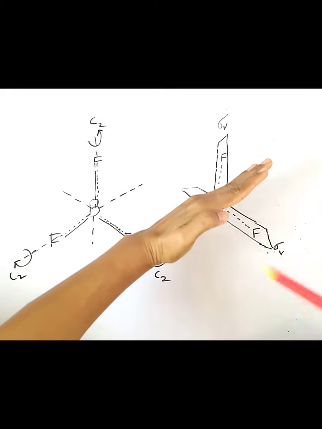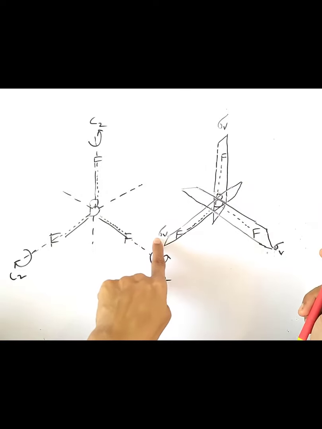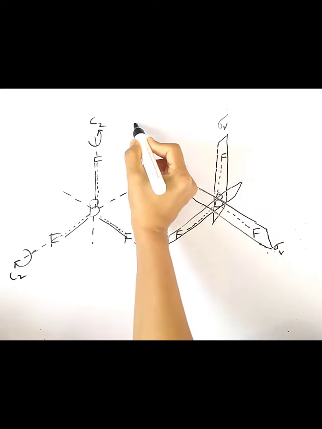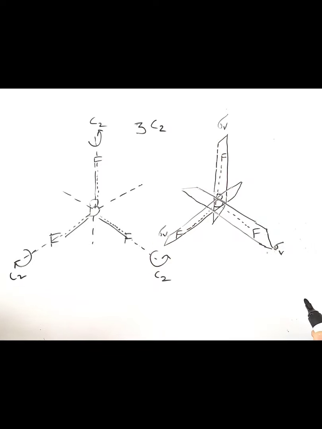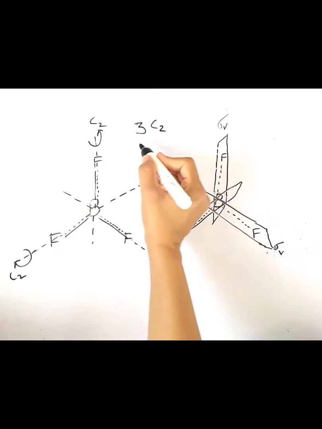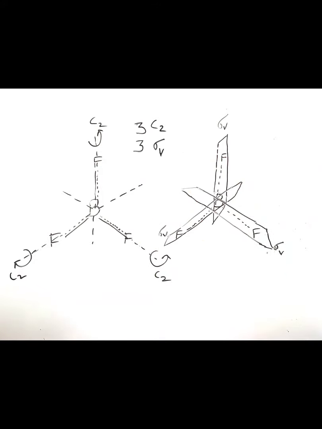Again, this third plane and this principal axis are parallel to each other, so this will also become sigma V. In this way, in the BF3 molecule there are 3 C2s, which are the subsidiary axes, and there are 3 sigma V's, meaning the BF3 molecule contains 3 vertical mirror planes. Now again, there is one more plane.